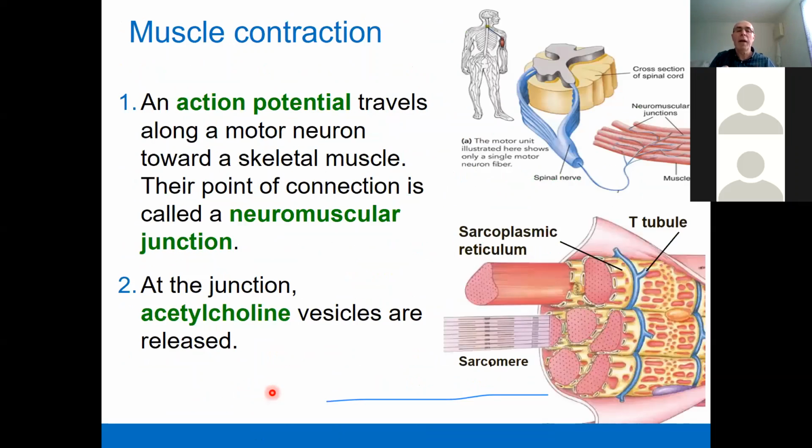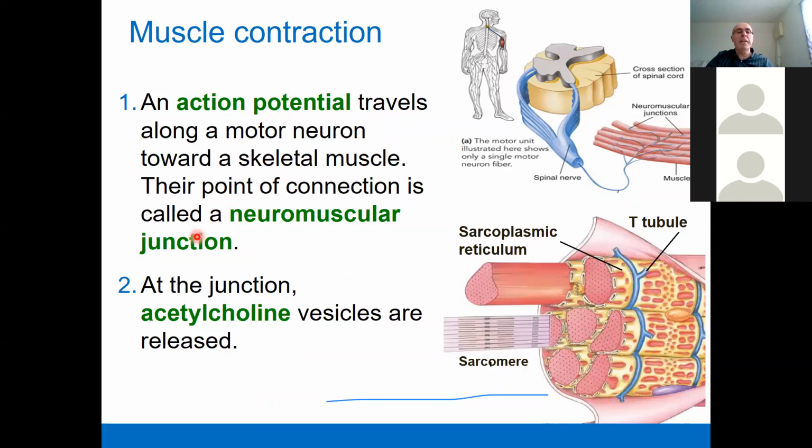Now, a little bit of explanation of these steps. The first step of muscle contraction is an action potential traveling along a motor neuron toward the skeletal muscle.